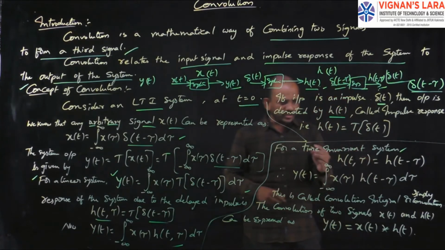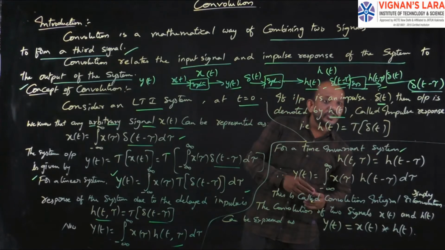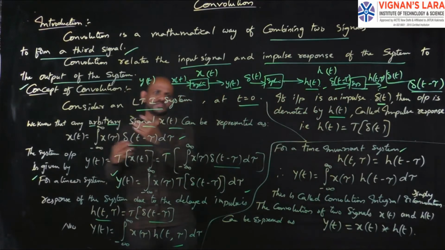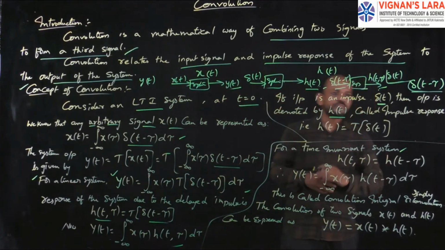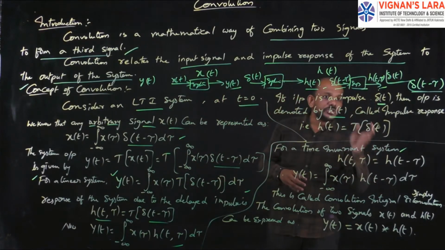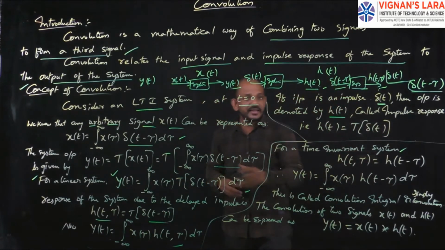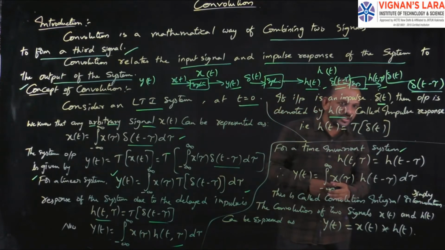See, here h of t comma tau is the output due to the delayed impulse, because the impulse is the input of the system. So h of t comma tau is the output response due to the delayed impulse, that will be equal to the delayed output.